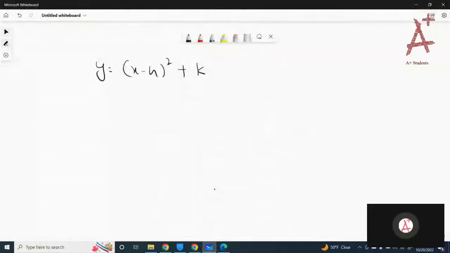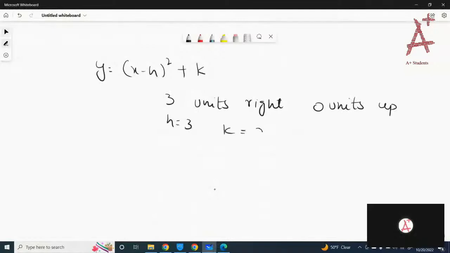That means the parabola moves 3 units right and 0 units up. Got it? That means h equals 3 and k equals 0.